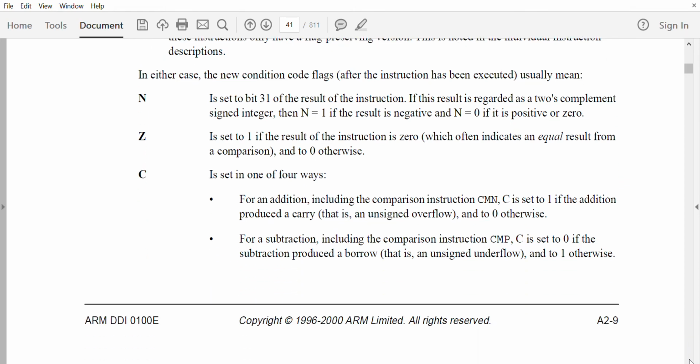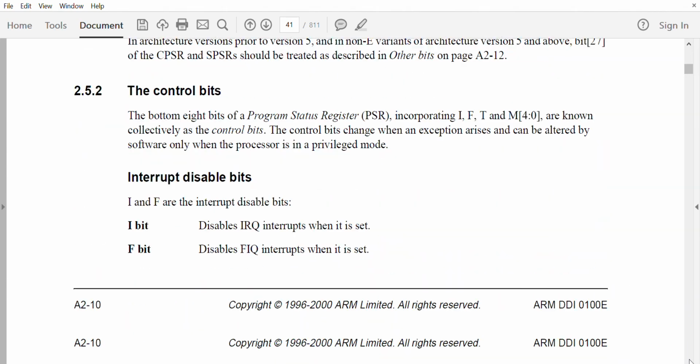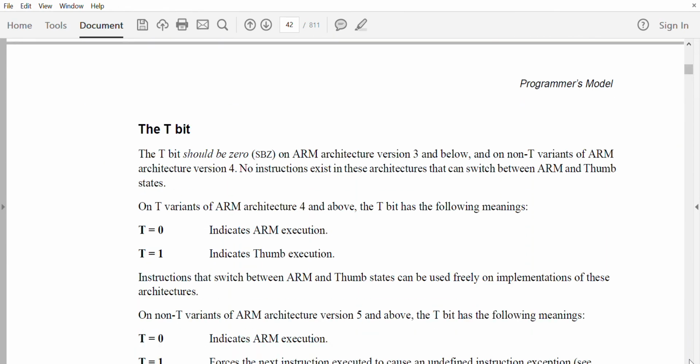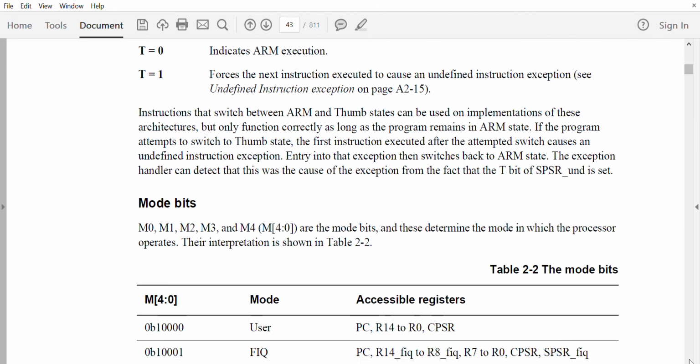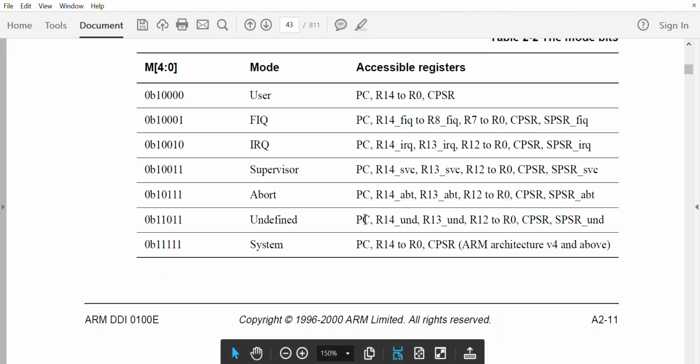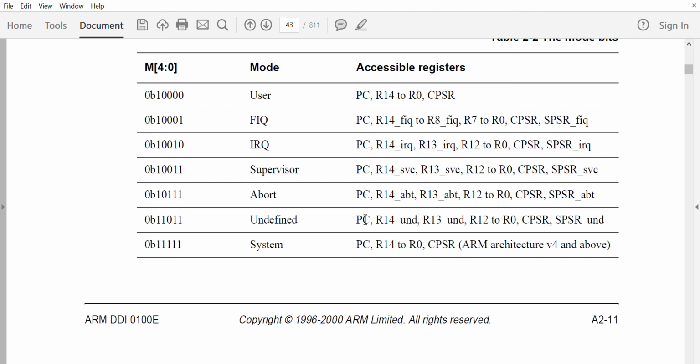This we have already talked about. You can change from one mode to another using software by changing the bits in the status register like this.